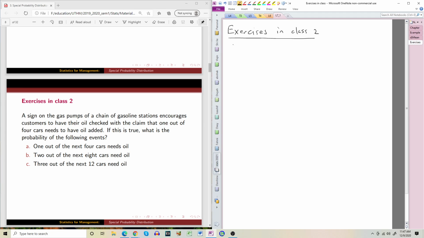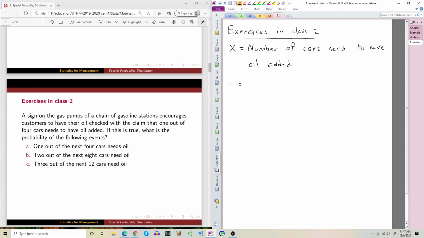X, the variable here, is the number of cars that need to have oil added.